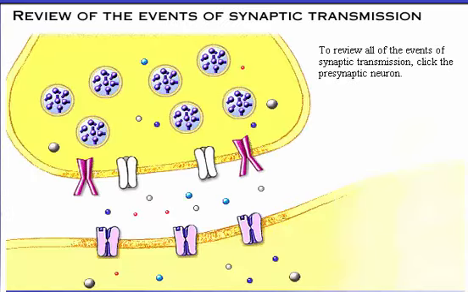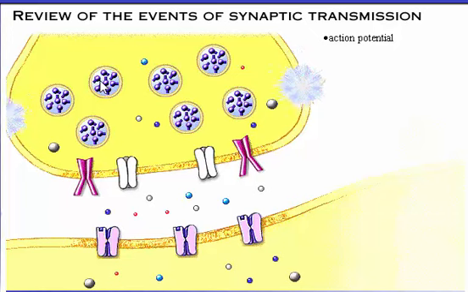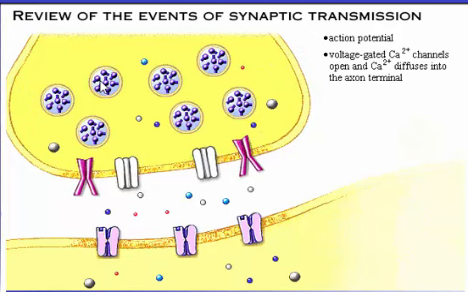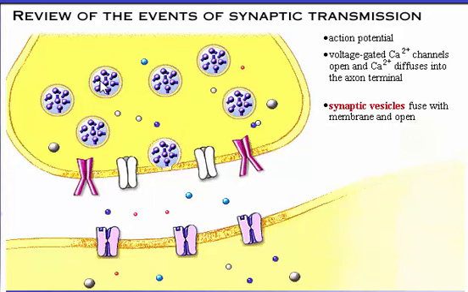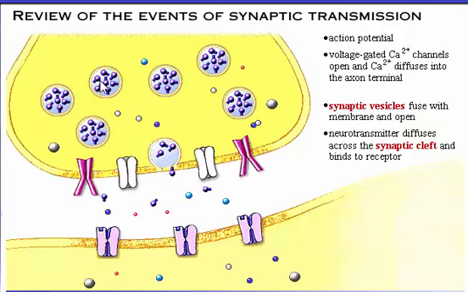An action potential occurs in the presynaptic terminal. The voltage-gated calcium channels open and calcium diffuses into the axon terminal. The synaptic vesicles fuse with the presynaptic cell membrane and open. Neurotransmitter diffuses across the synaptic cleft and binds to the postsynaptic receptor. Current flows across the postsynaptic cell membrane.